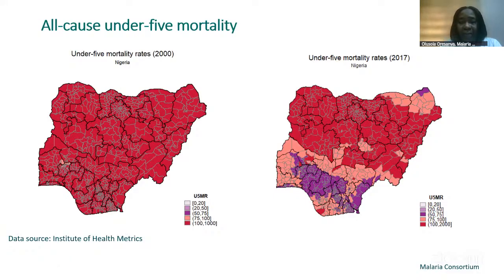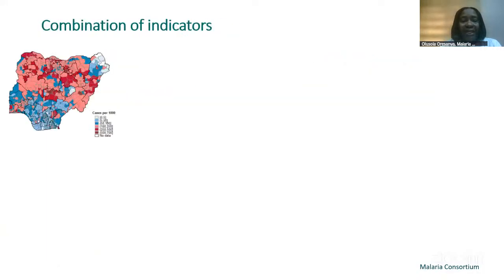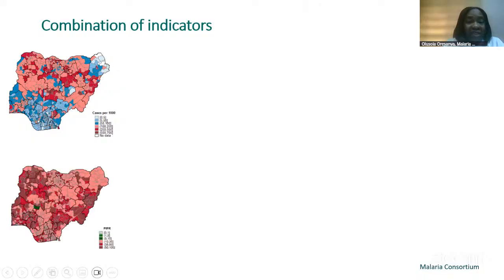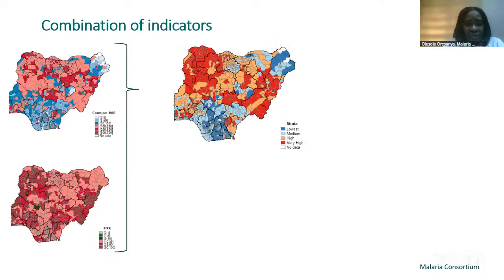And so all these parameters were then combined. So malaria incidence was layered on malaria prevalence, and this was the risk map that emanated from that.